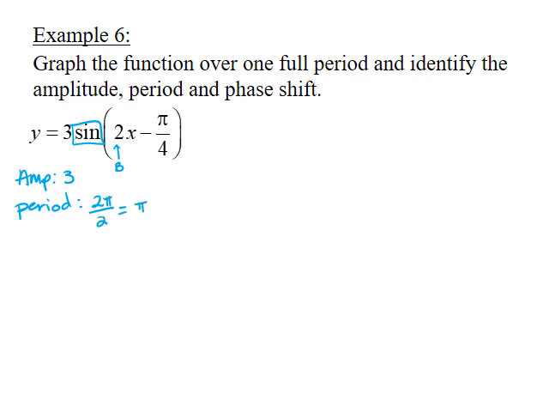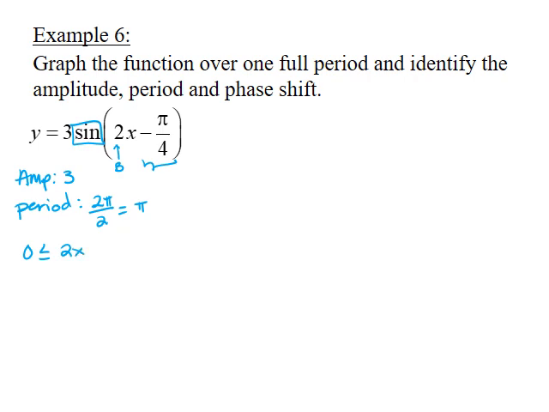So the period is pi, which means one full cycle will take place over pi units. But those pi units can be shifted one way or another. In fact, this here tells us that we will have a phase shift, and we will need to identify what that is. So looking at this, let's sandwich our argument in between 0 and 2 pi.